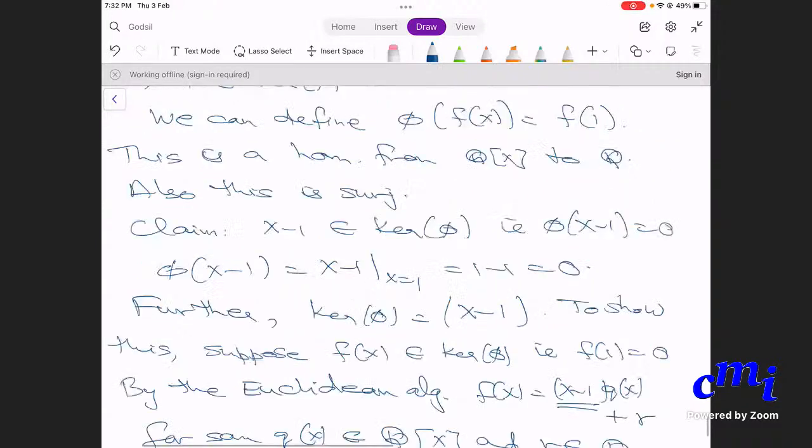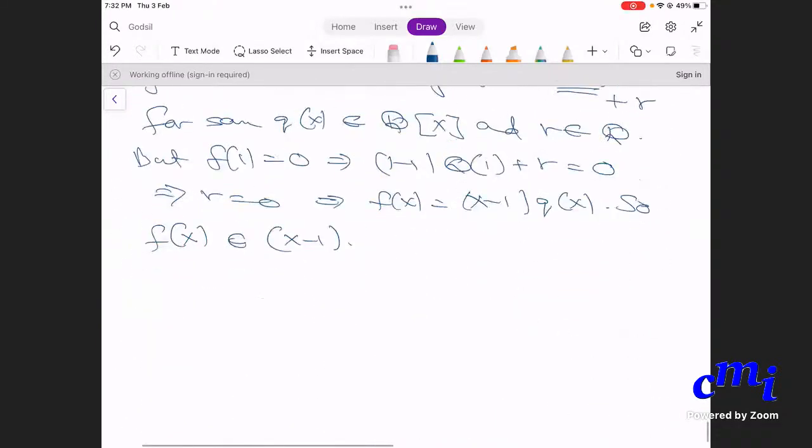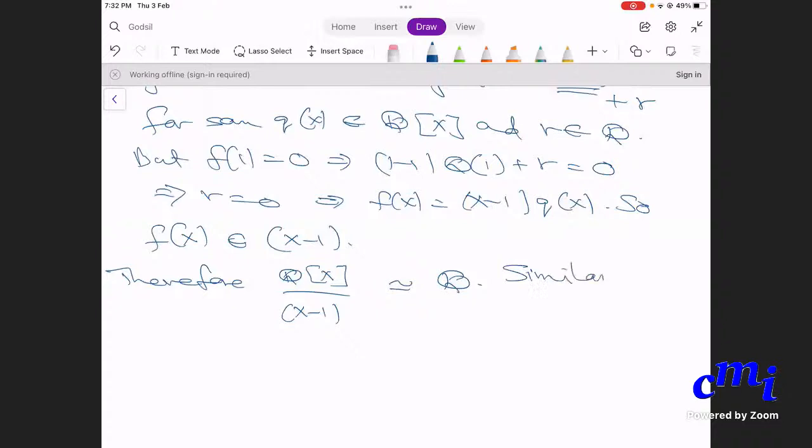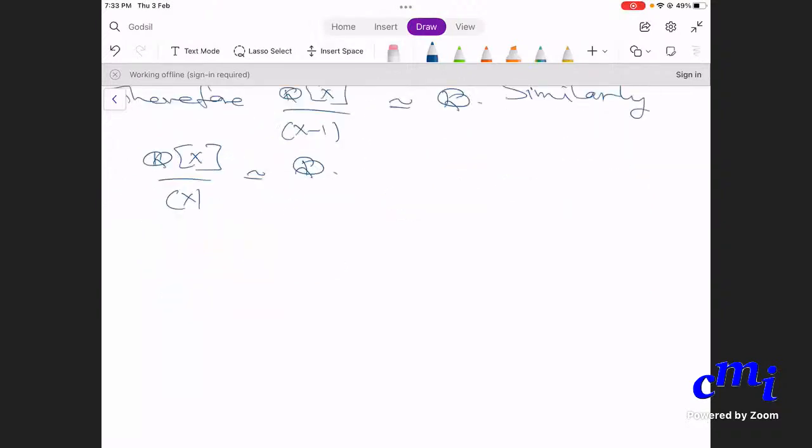So we have proved that the kernel of phi is equal to the ideal generated by x minus 1. And once we know that, as I said, by the first isomorphism theorem, Q[x] mod the kernel of phi is isomorphic to Q. That means Q[x] mod (x minus 1) is isomorphic to Q. And similarly, one shows that Q[x] mod (x) is isomorphic to Q. And so finally, the conclusion of all of this is what might seem to be rather surprising at first.